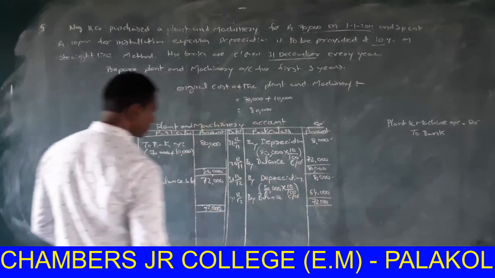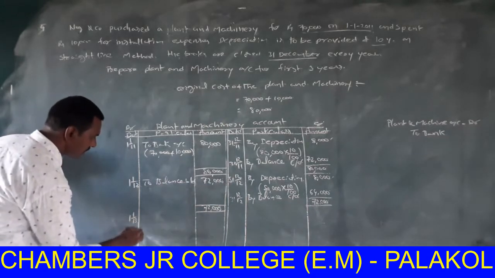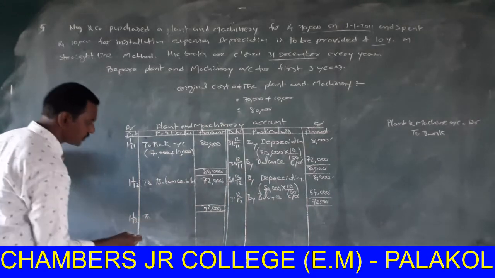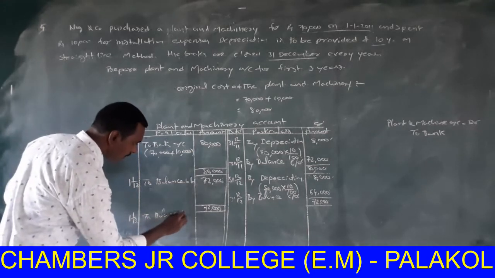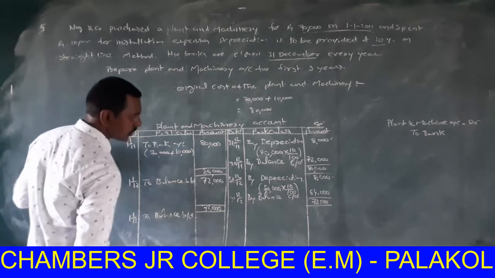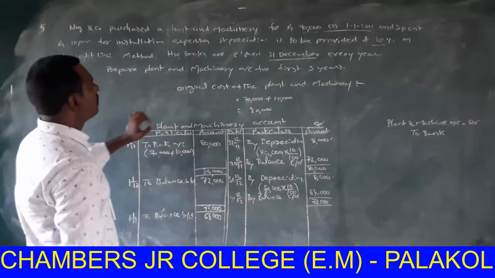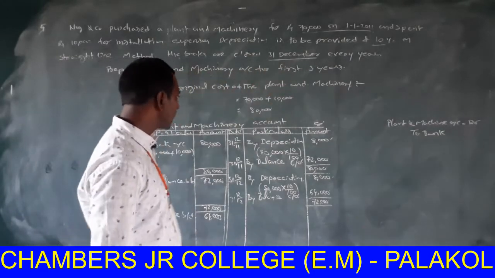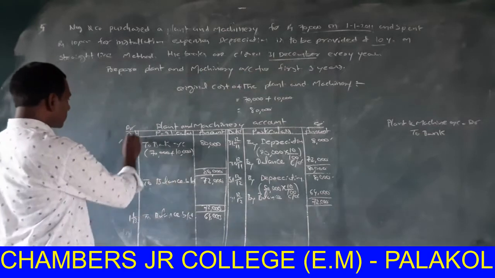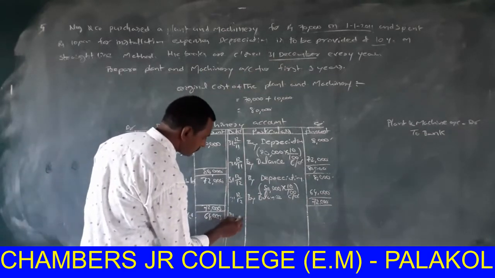The balance is transferred to next year, 1/1/2013, balance brought down 64,000. Here, prepare plant and machinery account for first 3 years. This is the first year and second year, and this one is the last year.